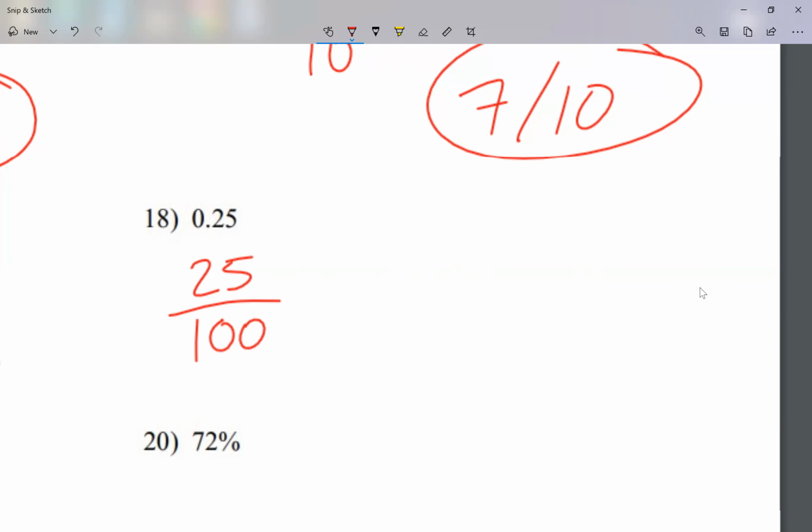Let me simplify. I cannot divide by 2 because 25 is not an even number, but I feel I can divide them all by 5. So I know 25 can be divided by 5. 100 can be divided by 5. So let me divide by 5. I know 25 divided by 5 is 5. 100 divided by 5 is 20.